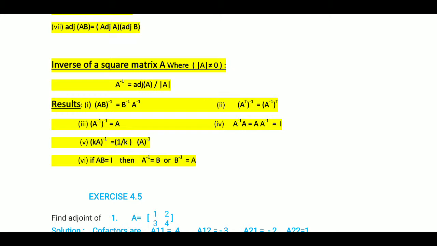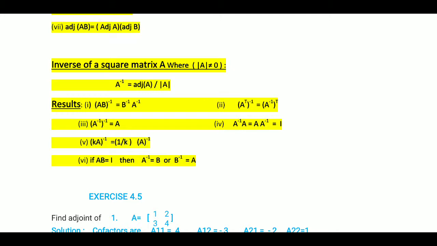Next, A inverse into A is equal to A into A inverse is equal to the identity matrix. You know that the inverse of a number multiplied with the number gives identity. In a similar way, if the inverse of a matrix is multiplied with the matrix itself, it will give you the identity matrix.